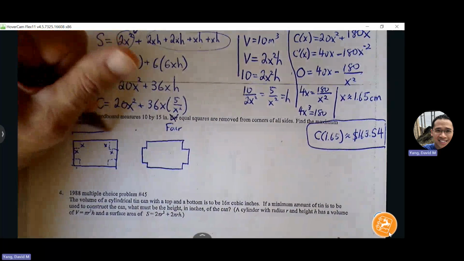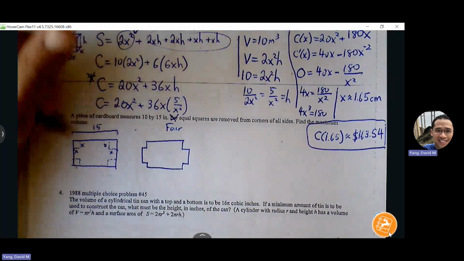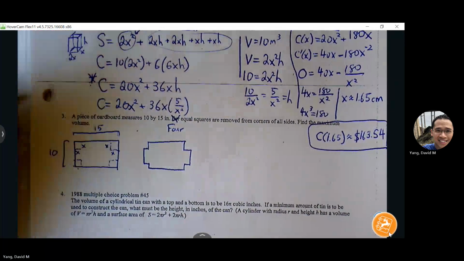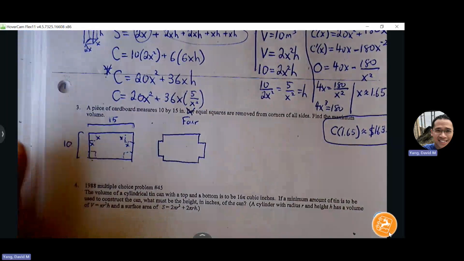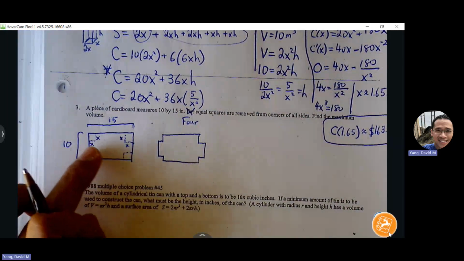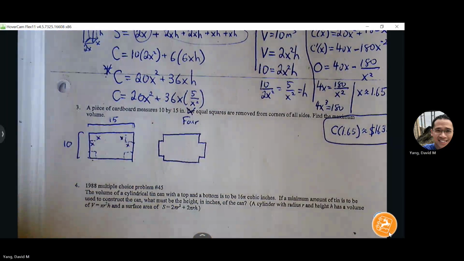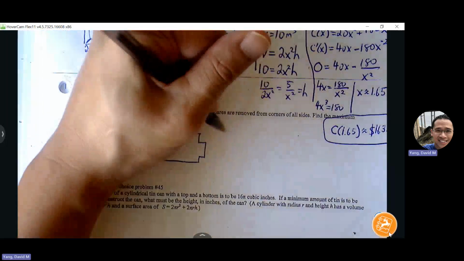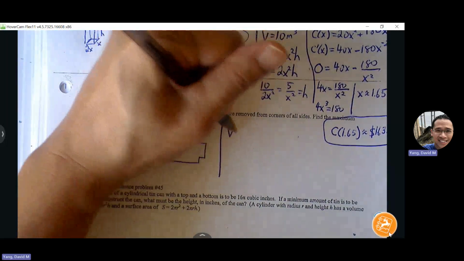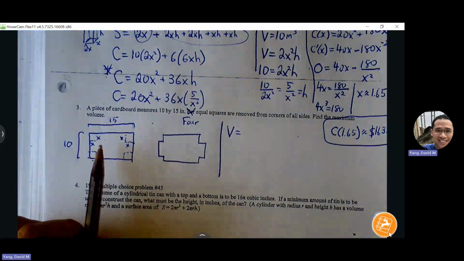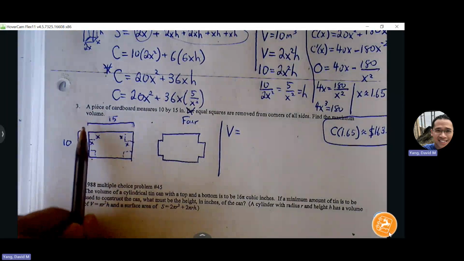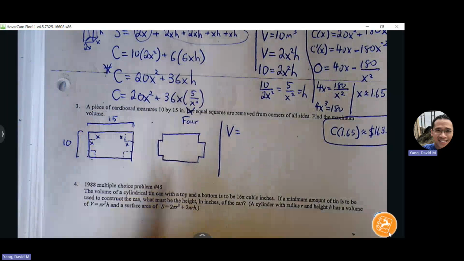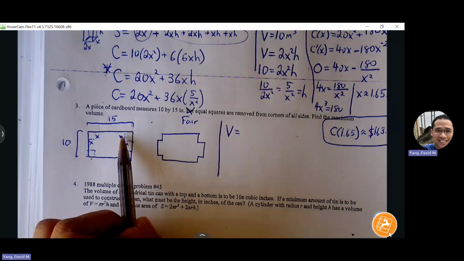Well, initially, we start off with 15 by 10. But if we're going to cut corners out of each of the boxes, my dimensions will be different than that, right? So we know that this is going to be 15 minus what? If I were to cut the 2 corners out, 15 minus 2x.